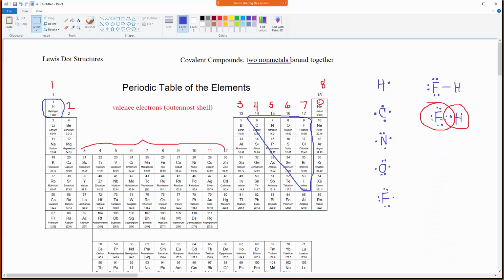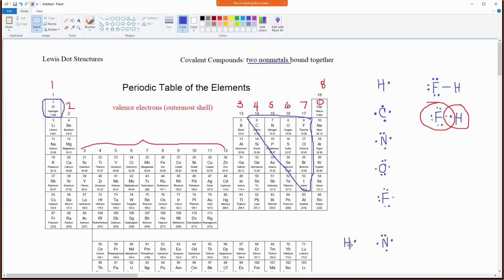Okay, so we're going to share electrons this way. Now we can do this kind of eyeballing, just like I did with the fluorine and the hydrogen. And you can go on and say, okay, if I made a compound with nitrogen and with hydrogen, you can see nitrogen wants to make 3, it has enough electrons to make 3 bonds.